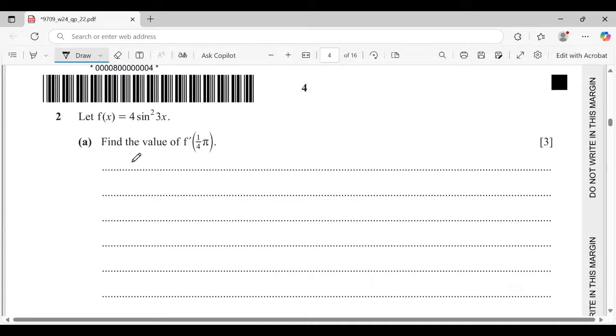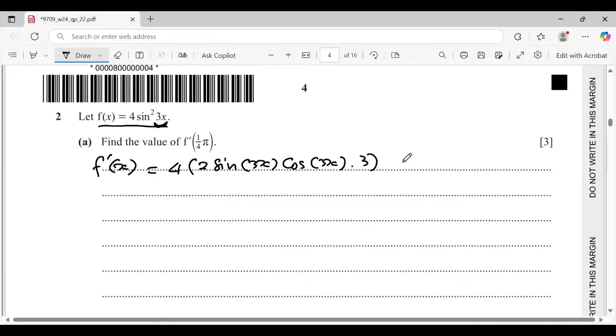So the first step, we need to find the derivative of this function. f(x) equals 4 sine squared 3x, so the derivative of f(x) is 4 times 2 sine 3x cosine 3x times 3, because of the derivative of 3x.